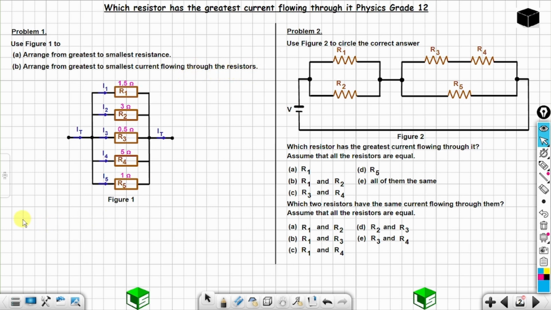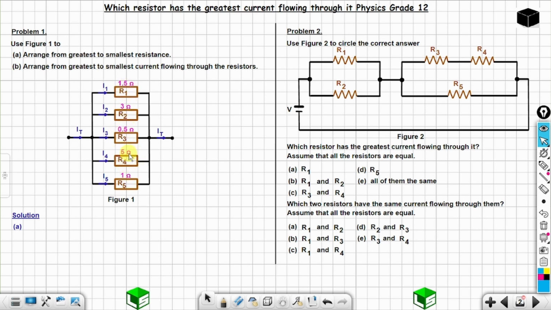Okay, so solution A, you have to arrange from greatest to smallest resistance using figure 1. So the greatest you have, can you see, 5 ohms.